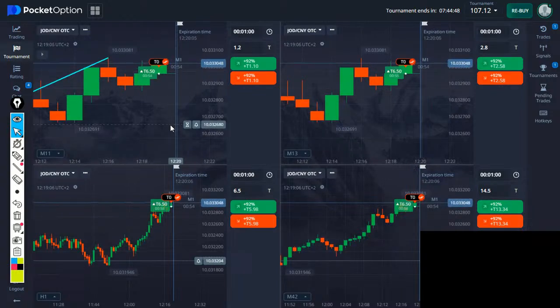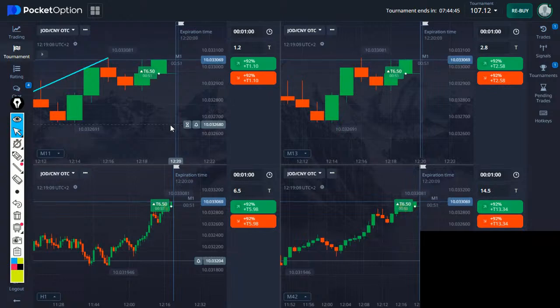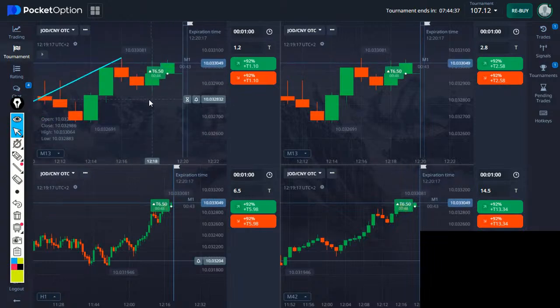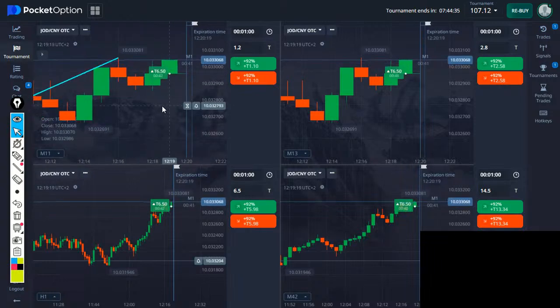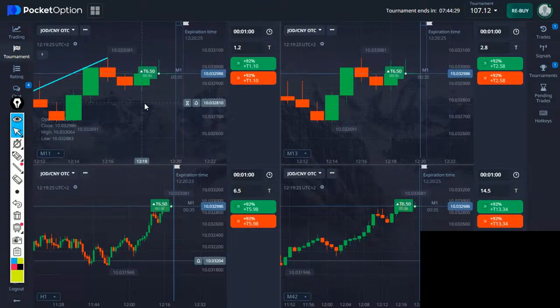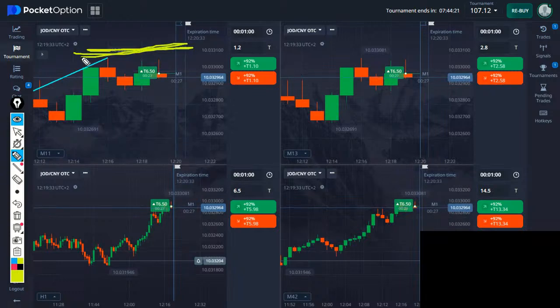Beautiful, nice start. Let's not jinx it. Come on, beautiful push. Come on. This is normal since there's a supply area, a very strong supply area over here.